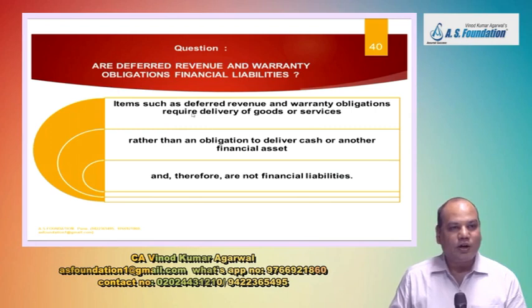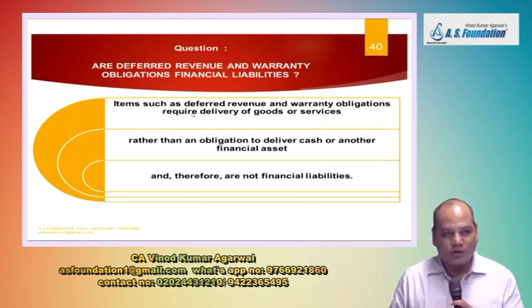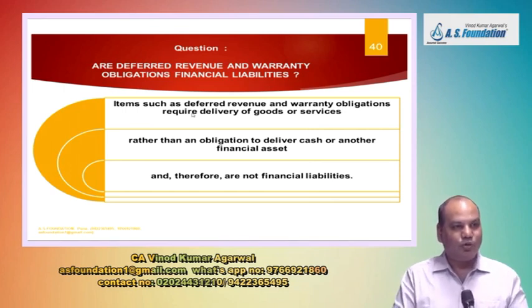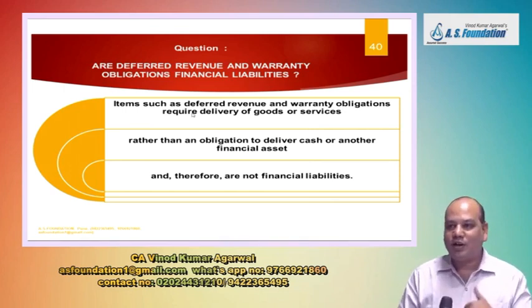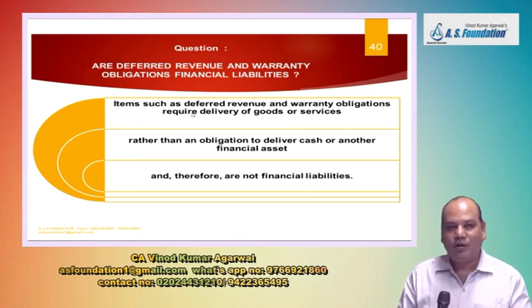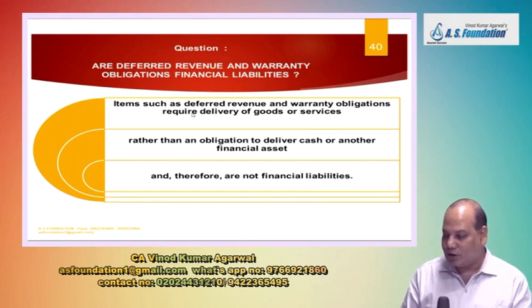There is no contractual obligation to pay cash or another financial asset. There is no exchange of one financial asset against another financial asset under conditions which are unfavorable. Is it right? So nothing like that. So write down the answer.